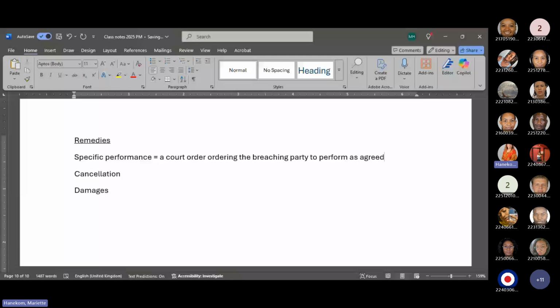So if you have a contract with somebody for them to build a wall, and they've built the wall, but the wall is not the right height, specific performance would be: go back and fix the wall. Or we had Evelina and Daniel, we had the example of Evelina only paid 500 instead of 1,000. Specific performance would be Evelina pays the rest of the money. So do what you are supposed to do.